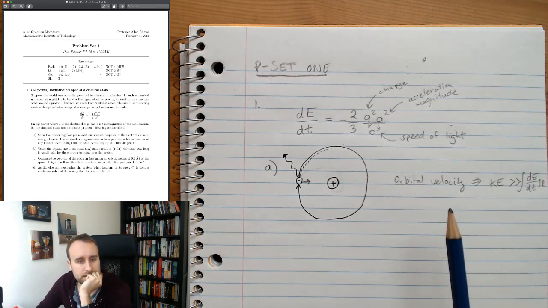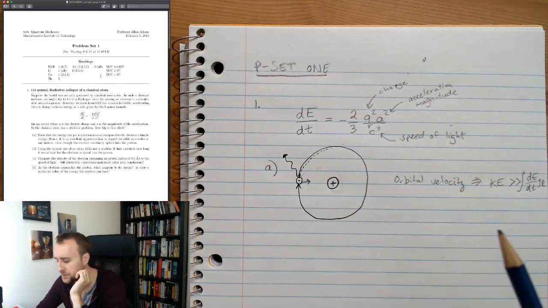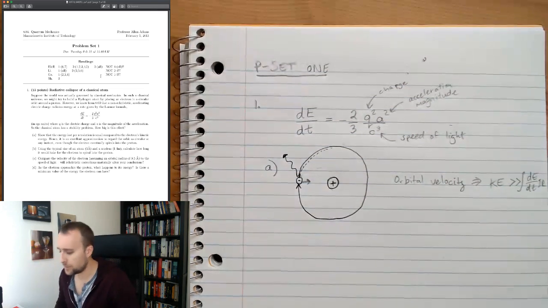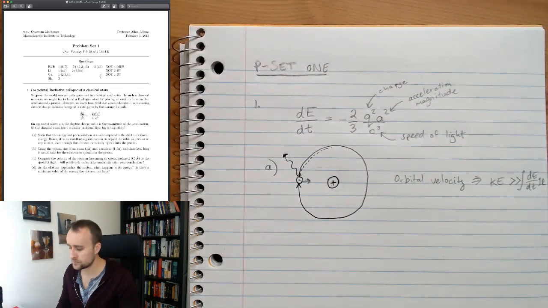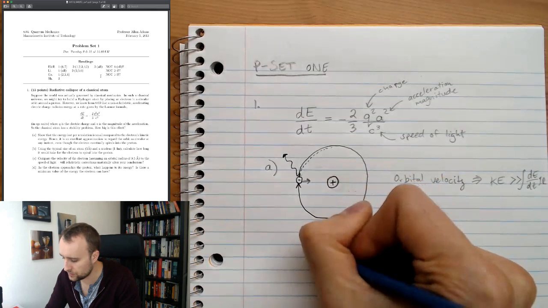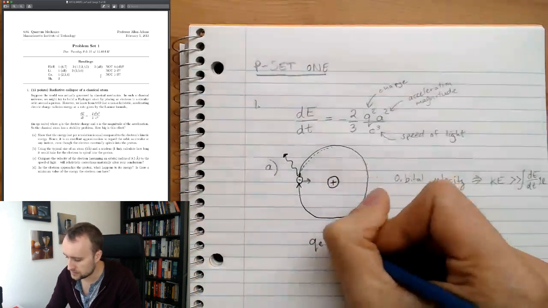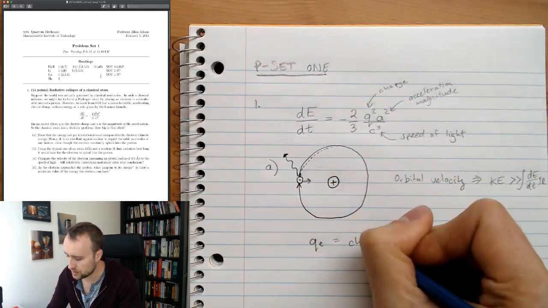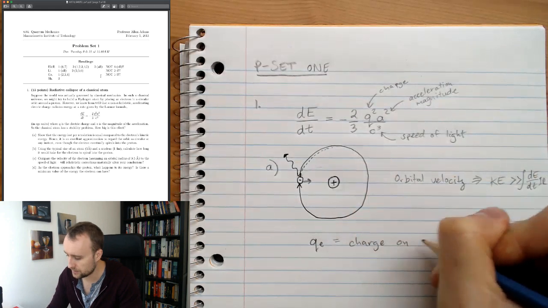Do we need some constants? It might be that these constants cancel out, so I might not need to look up the actual numbers. So let's say that Q_E is equal to the charge on the electron.